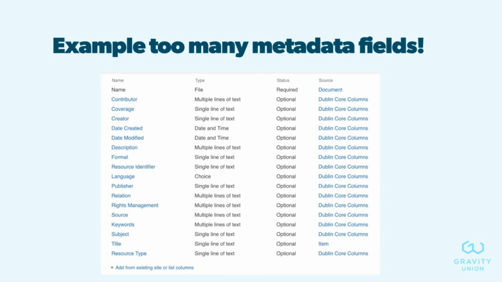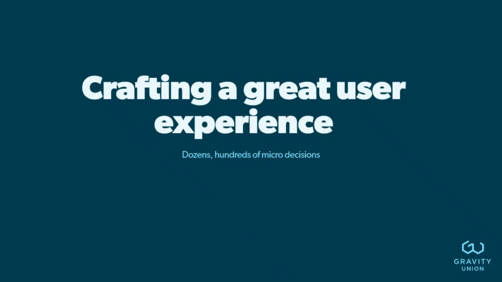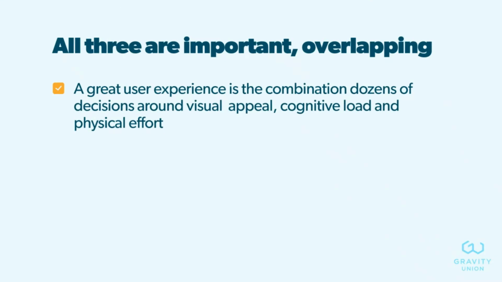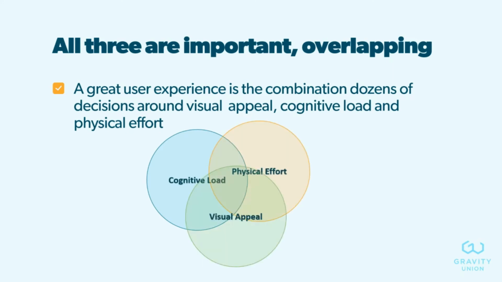So if I'm adding an invoice again, I want to know who the vendor is, maybe when the invoice is due. Maybe I want to know the invoice amount, but I might not trust myself to open that PDF and copy the invoice amount and put it into SharePoint. So again, from a high level conceptual thing, we're talking about all these little tiny decisions that we make in our system around visual appeal, cognitive load, and physical effort add up and are kind of overlapping to a degree.